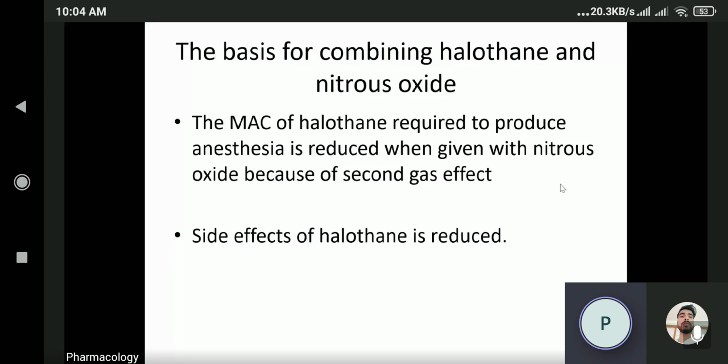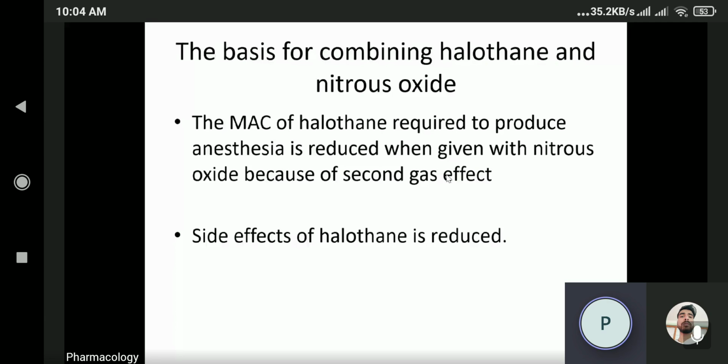So the MAC of halothane required to produce anesthesia is reduced when given with nitrous oxide because of the second gas effect. When you combine two drugs together, which can assist each other's advantages and disadvantages, it is called the second gas effect, because you are using two gases together to make sure that the other gas has the same advantage of rapid onset of action as nitrous oxide.